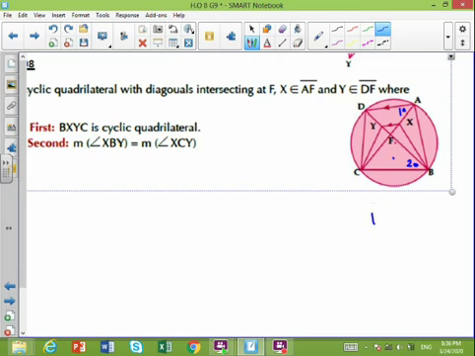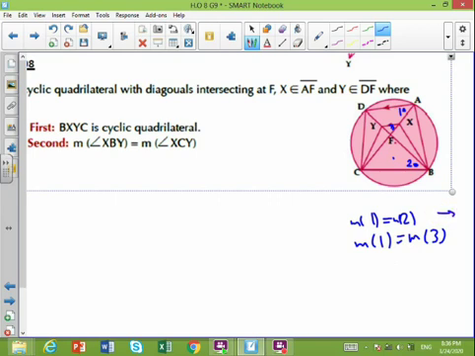So measure of angle 1 equals measure of angle 2. From parallelism, AD is parallel to XY and AF is a transversal. So the small angle YXF, which I will name 3, equals angle 1, corresponding angle.